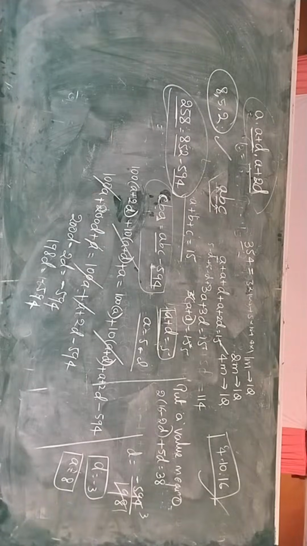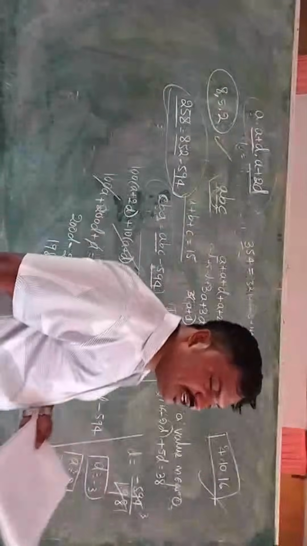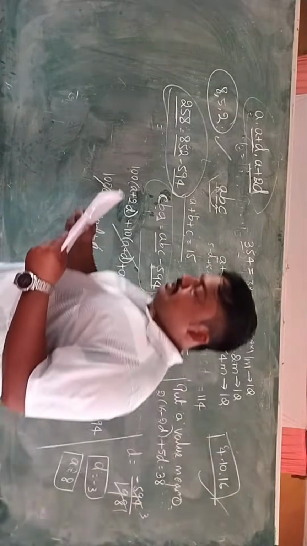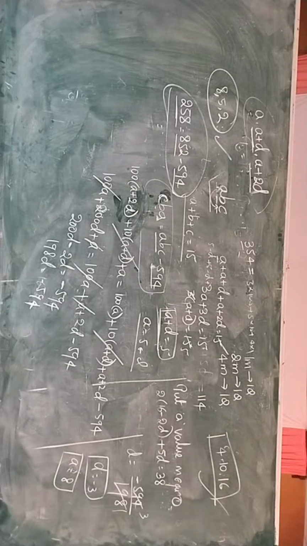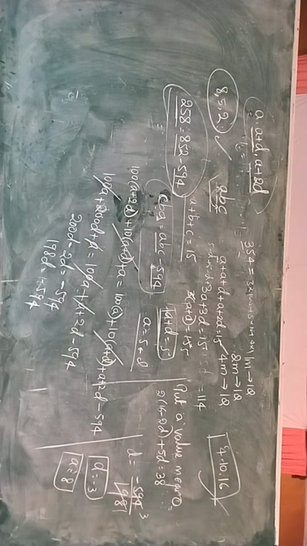The number 56 is divided into 4 parts such that they are the terms of an AP.